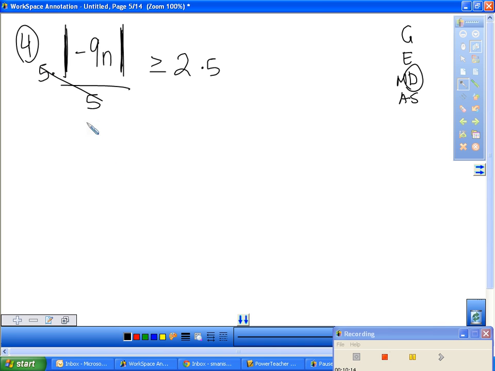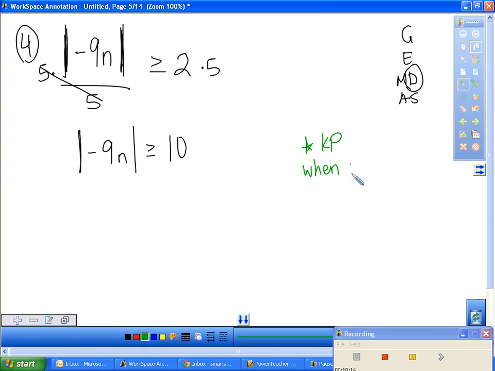So there I get rid of my guards, and now I have the opposite of 9n inside of my absolute value, which is greater than or equal to 10. Here's the trick that we have to remember, which is a key point of our inequalities, right?